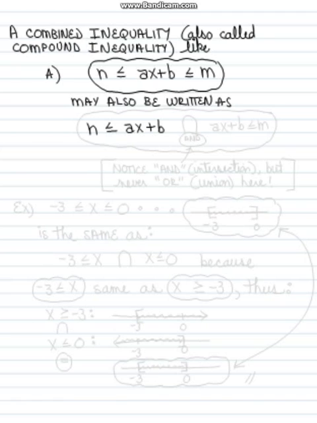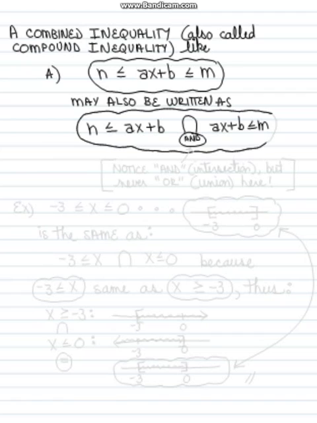But that would be intersected, with the word and, with the rest of it, which says ax plus b is less than or equal to m. So you see, we can split one of these combined inequalities into the intersection of two inequalities.